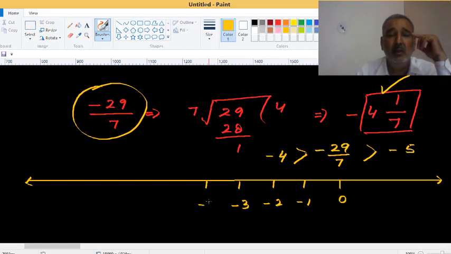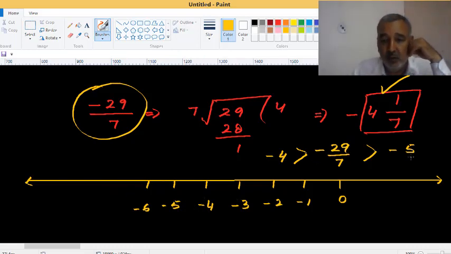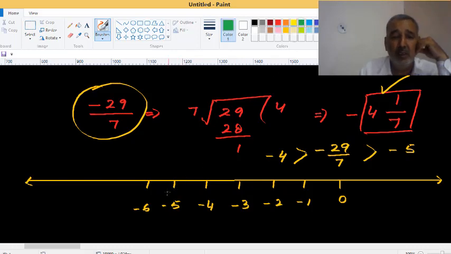You have to place your points at equal distance by using scales. 5, 6. So -5, -6. I have to find out a line segment between -4 and -5. So this number will lie somewhere here.